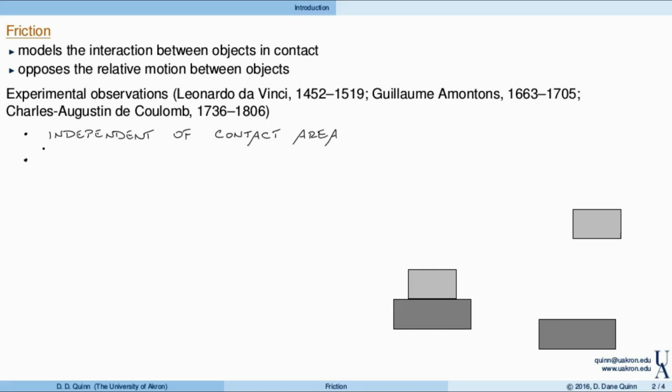The second two observations that we try to incorporate involve relative motion, in particular, sliding between the two objects. The first of these is that the force is independent of the sliding velocity, which implies that as the velocity changes, the magnitude of the force doesn't vary.